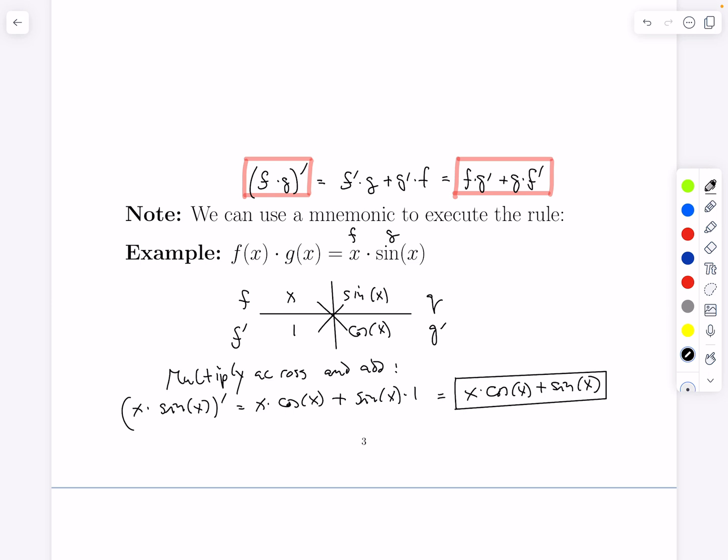So really we executed this formula, yeah, just a reminder. Here is the plus, and f was here, right? And g was here.